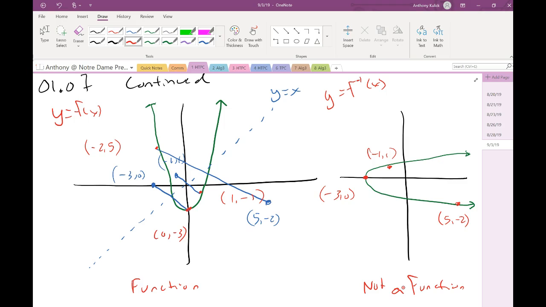Has to be one-to-one and onto. Remember this? Those were the two criteria for something to be a bijection. And we said that the inverses of all bijections would also be functions. So, which one of those criteria is this one failing?